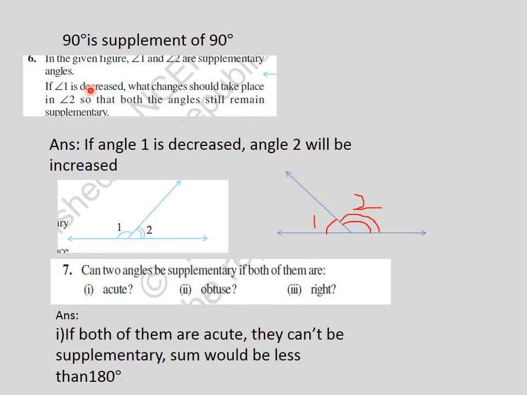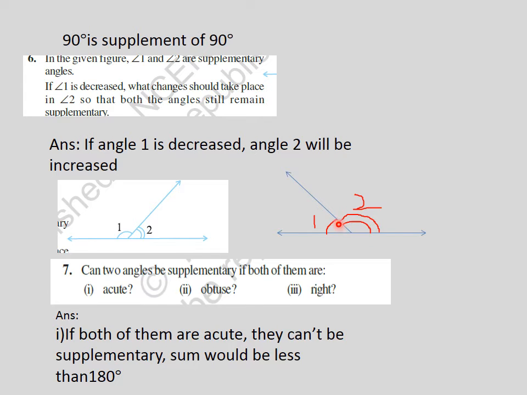If angle 1 is decreased, what changes should take place in angle 2 so that both angles still remain supplementary angles? Okay. So let us decrease angle 1 like this. Then what is happening in angle 2?